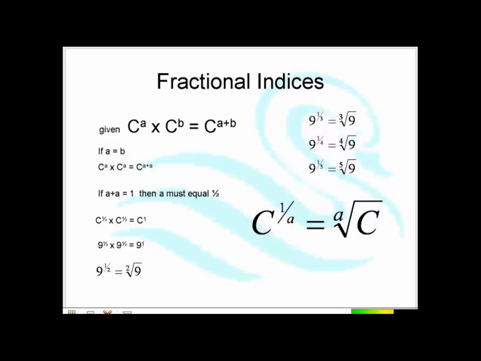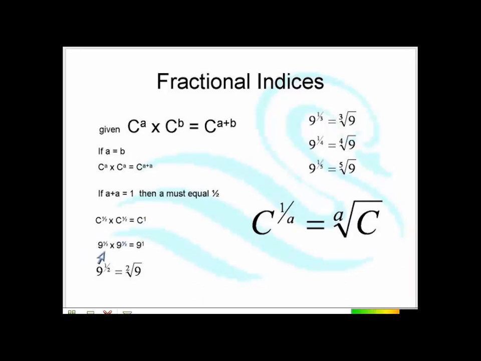If it turns out that apples and bananas are the same, say apples and bananas both cost the same, and 1 apple costs $1, therefore half an apple would cost 50 cents, what you could say is c to the power of half times c to the power of half equals c to the power of 1.